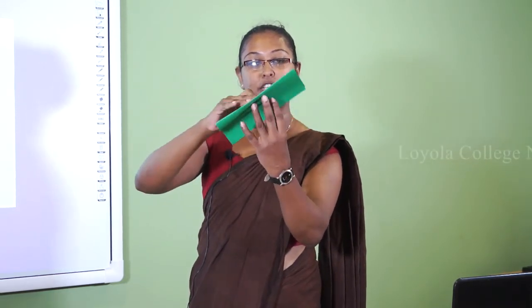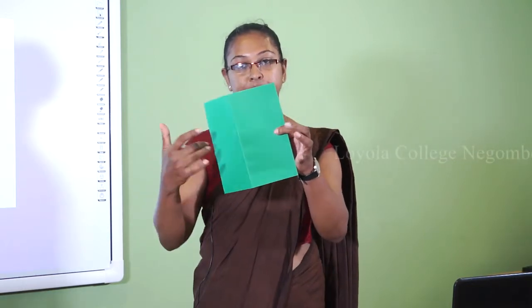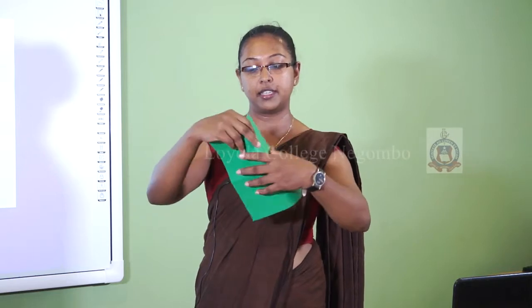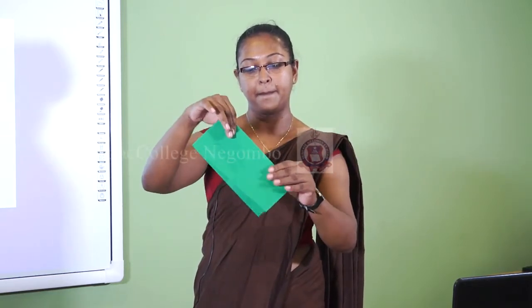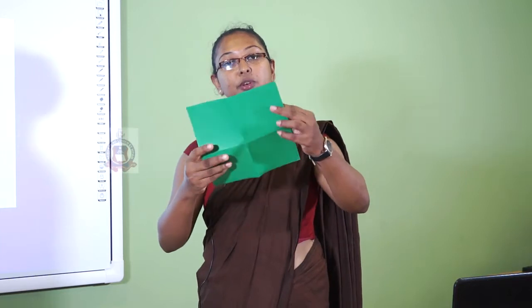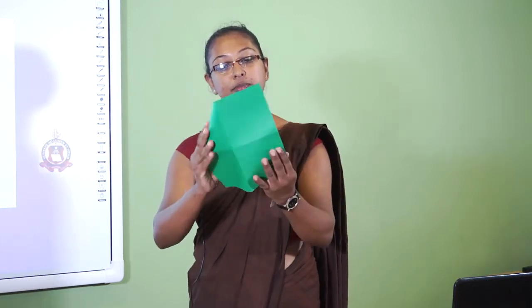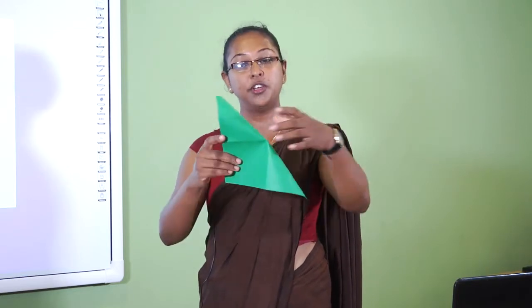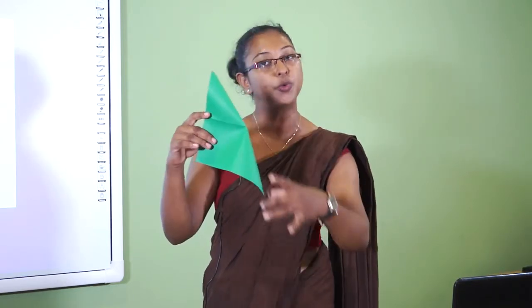Here you can see two equal parts now, or else you can fold it on the other side. Again you got two equal parts. And you can also fold it this way. That's your wish. Anyhow, you divide the square into two parts.